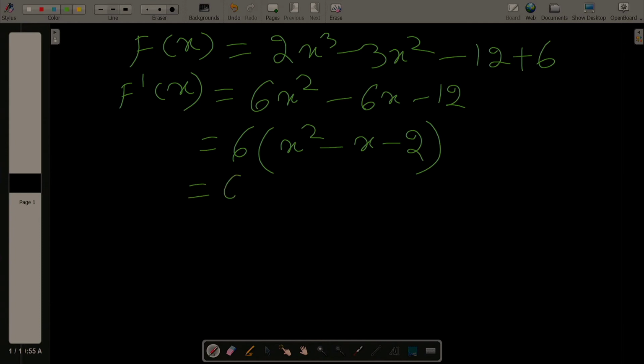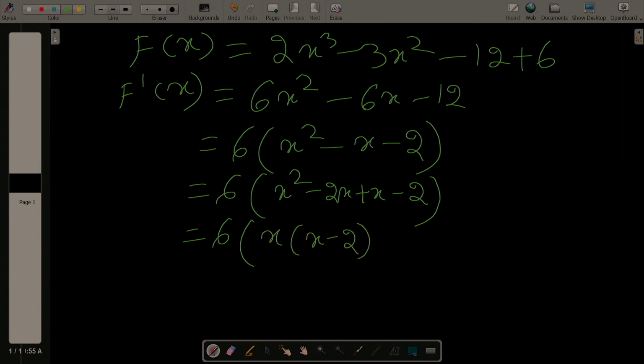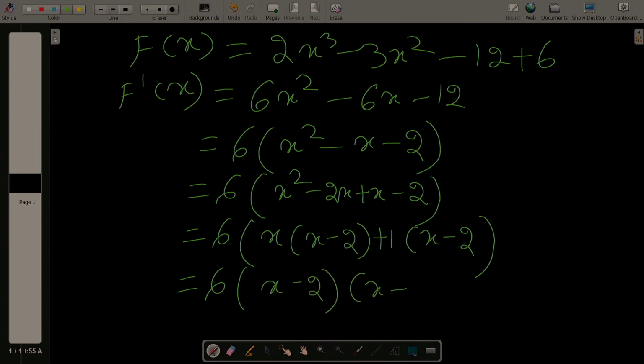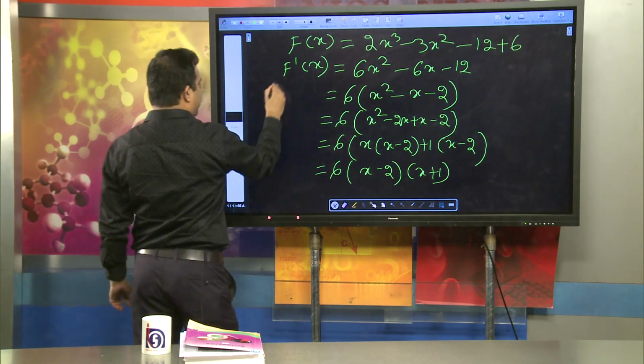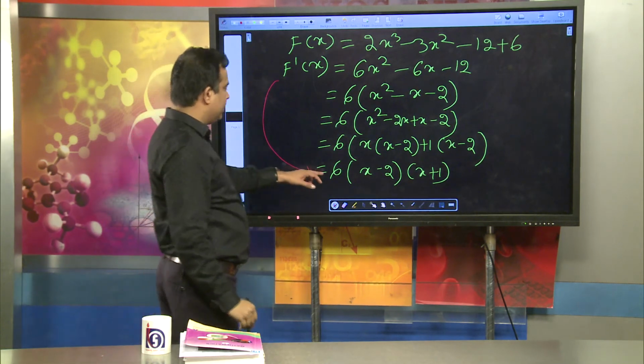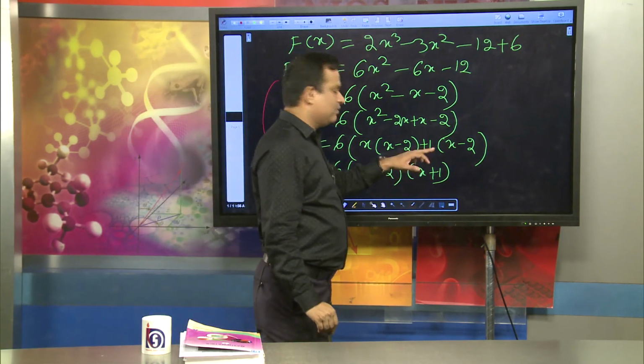I can write x square minus 2x plus x minus 2. Taking common again, we get x into x minus 2 plus 1 into x minus 2. So we can write 6 multiplied by x minus 2 into x plus 1. That means we have found f dash x equal to 6 into x minus 2 into x plus 1.